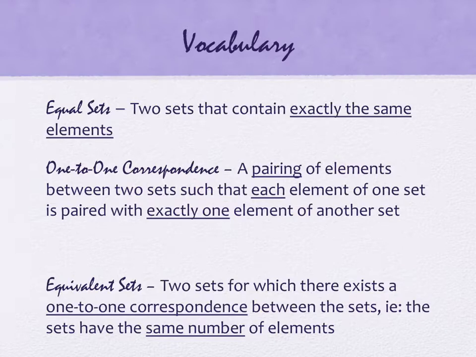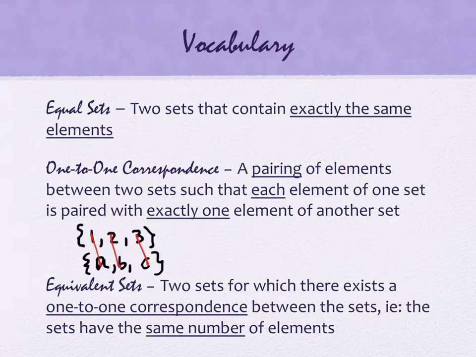Let me just draw out a quick example of that. If I had 1, 2, 3, and A, B, C, and I did this sort of a matching argument, that would be a one-to-one correspondence. A goes to 1, B goes to 2, C goes to 3. If you've ever seen in newspapers, is it called a cryptogram? I think that's what it's called, where you have to identify the letters and the numbers and you discover a code. My grandmother used to do them in the daily newspaper that she received.